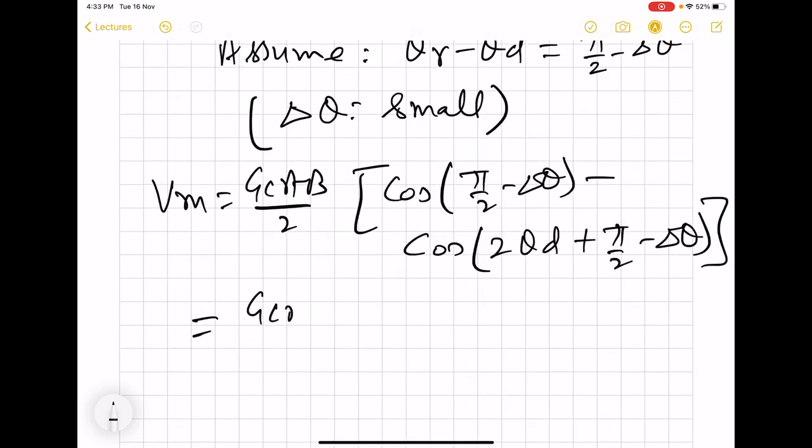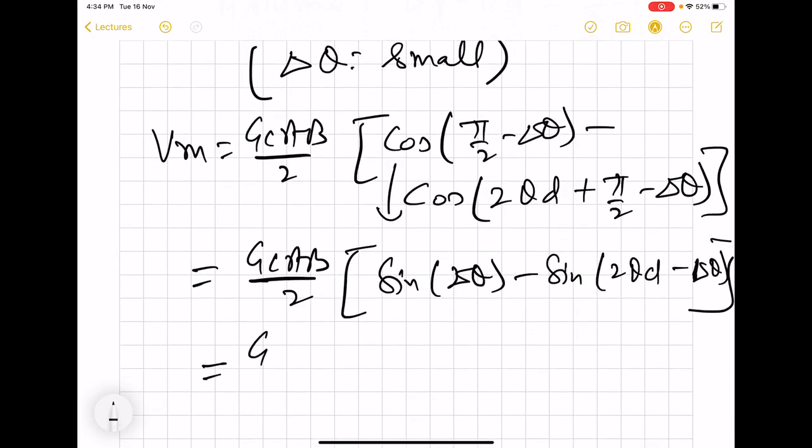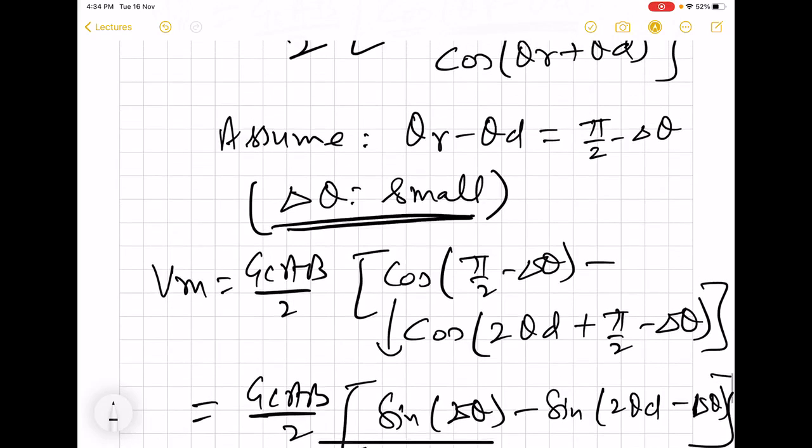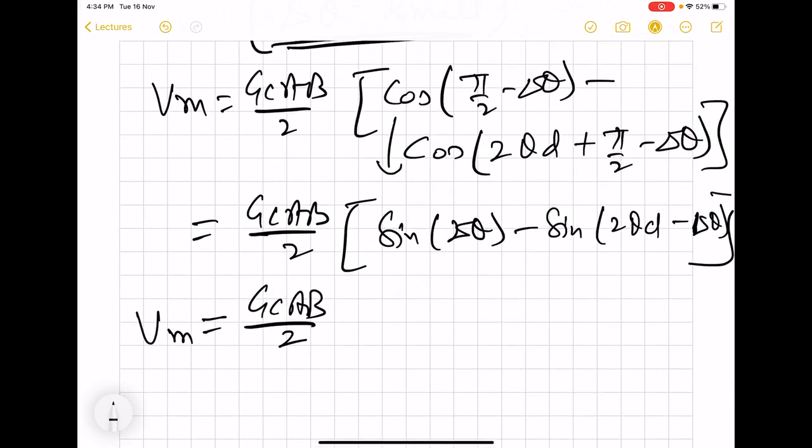Now here we can see that this cos becomes sine. In fact, this will also become sine like this. Since we have taken this delta theta very small, so that the two phases are close to 90 degrees, this term can be approximated.